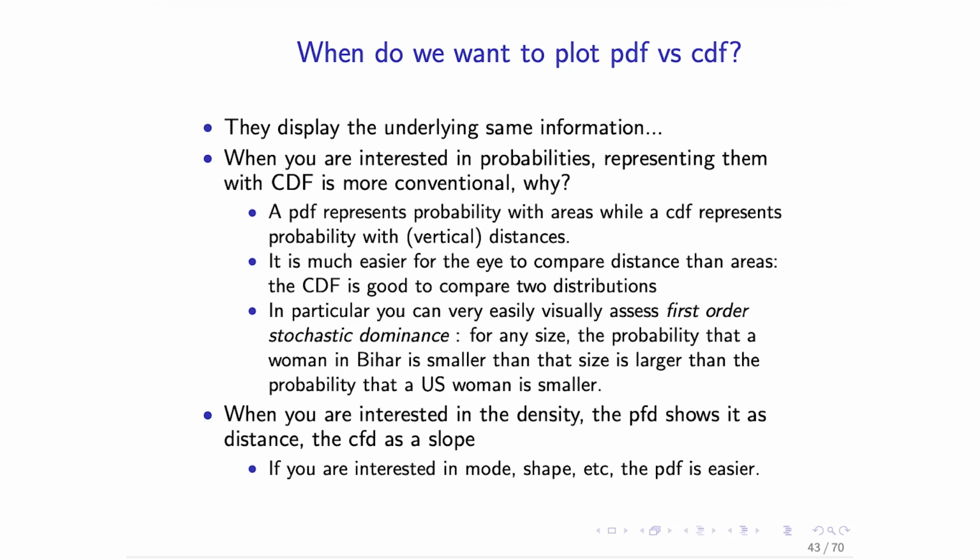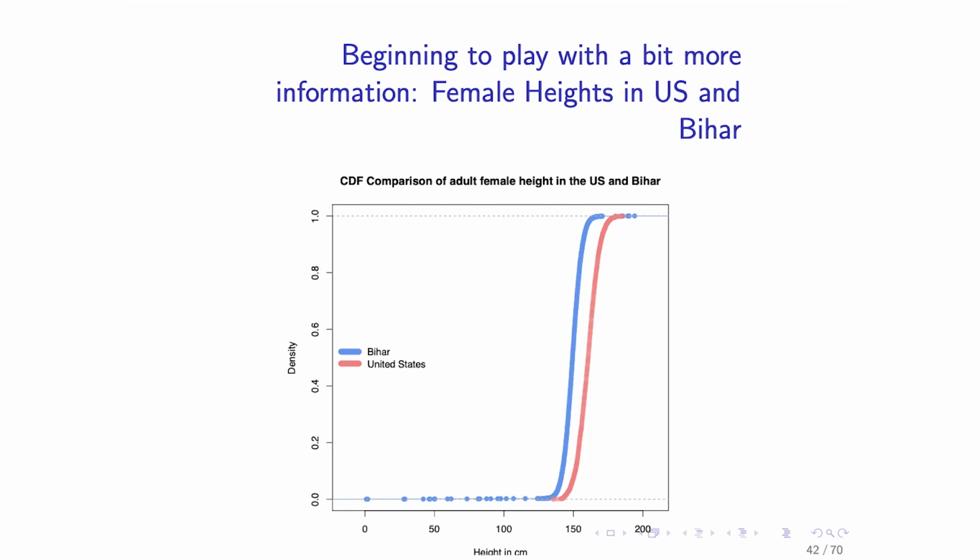On the other hand, sometimes you might be interested in densities, not probabilities. Both the CDF and the PDF show density, but to get the density from a CDF, you need to take the slope. So you need to take a derivative in your head, which you can do, but it's a little bit unintuitive.